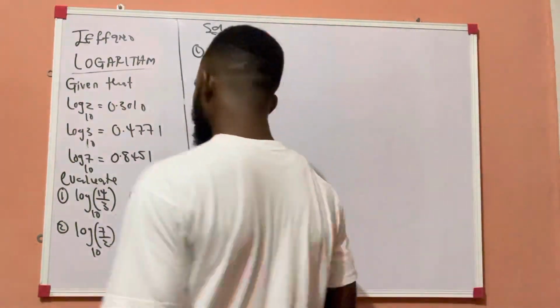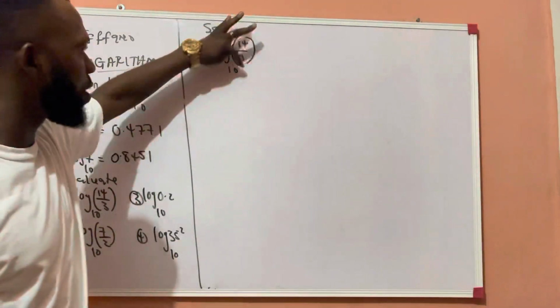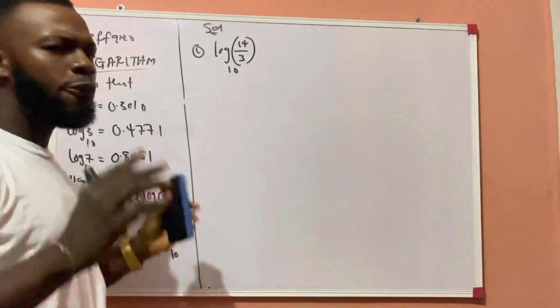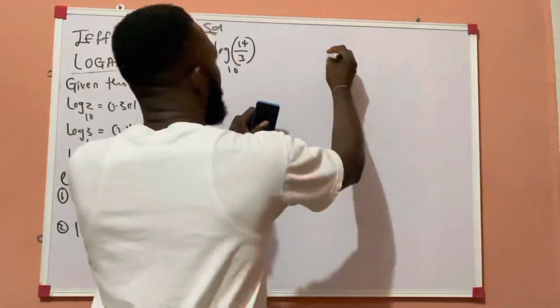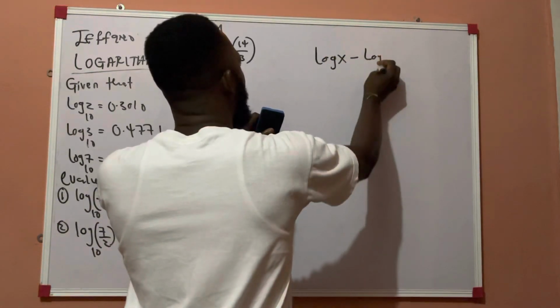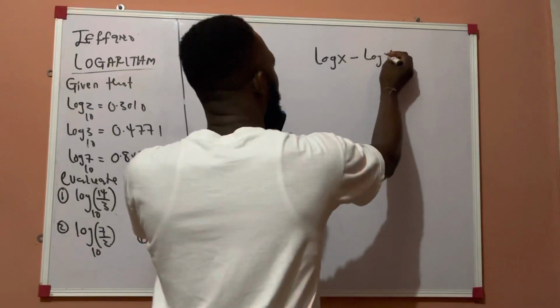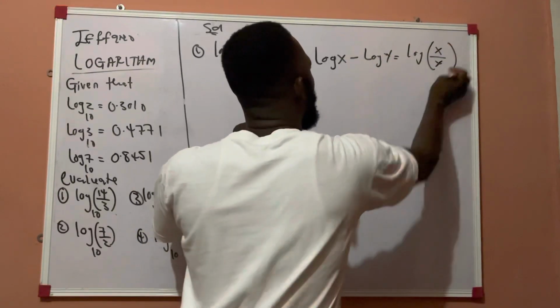Now, let's begin. The first question says, evaluate log 14 over 3 base 10. From our laws of division, remember we said that log x minus log y is the same thing as log x over y.